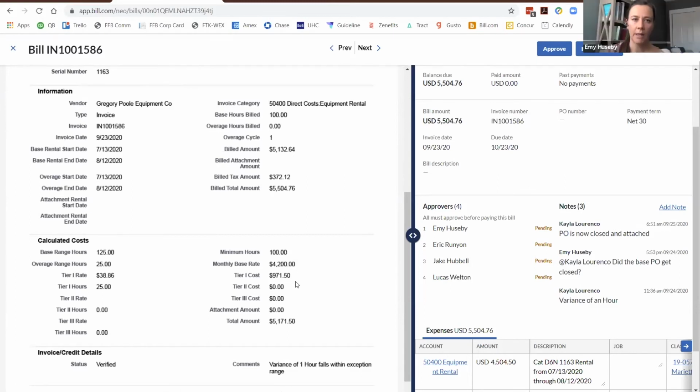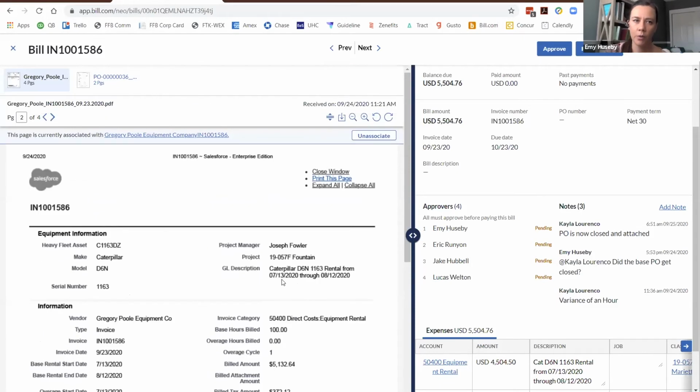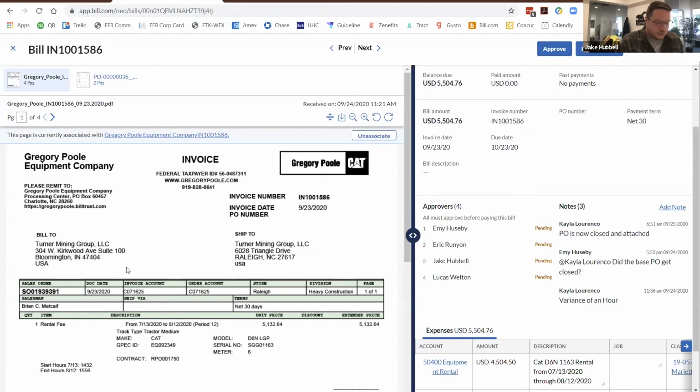Yep, agreed. And this Salesforce page is going to be the most helpful thing as we've gone through this. Gregory Pool does a pretty good job of saying they're looking at these starting hours, these ending hours. It might be an hour or two off from where we started that day. And they give us the dates, they give us the machine and lay it all out.